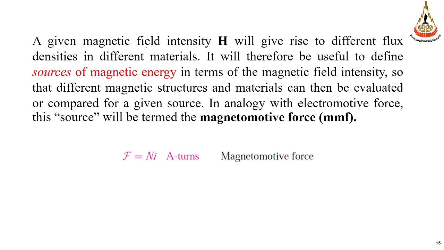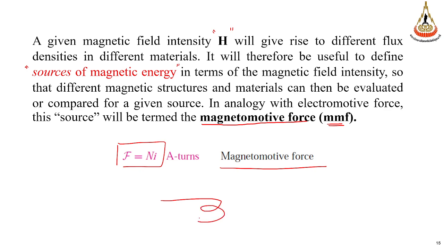Then a given magnetic field intensity H will give rise to different flux density. Then we define one very useful term as the source of magnetic energy. We call it magnetomotive force, or MMF. If a magnetic field is there, we get magnetomotive force, which can be calculated by F equal to Ni, the number of turns times amperes.